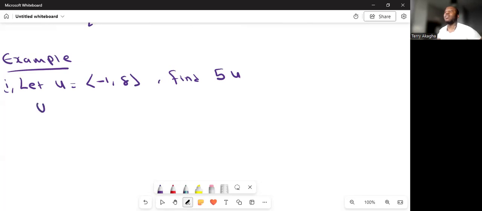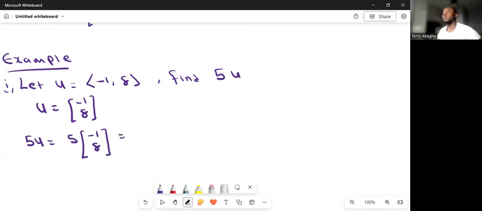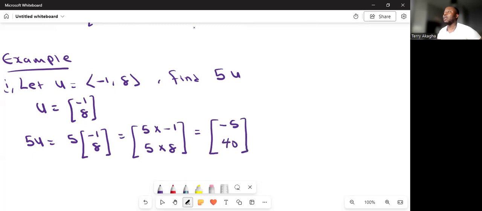So u is the same thing as saying (minus 1, 8). So 5u is going to be 5 times (minus 1, 8), which is equal to 5 times minus 1 and 5 times 8. 5 times minus 1 gives us minus 5, and 5 times 8 gives us 40. And that will be the answer for that.